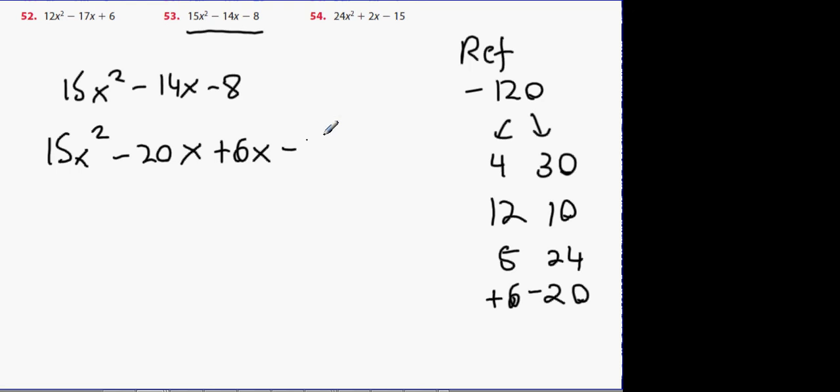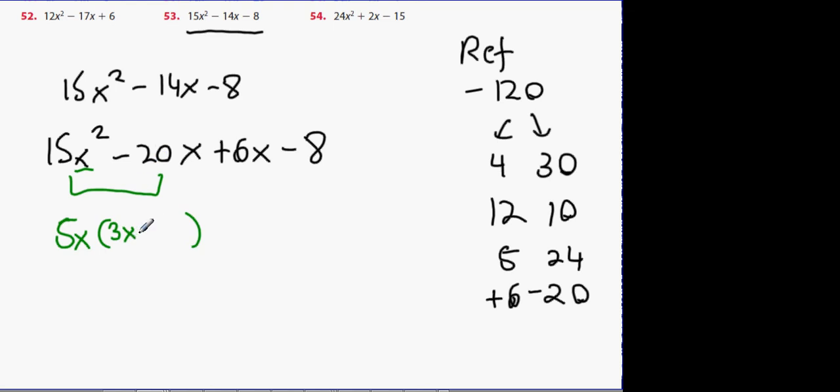Now, Connor, what do we take out of the first two? 5 and what letter? X. 5x. 5x multiplied by what gives you 15x squared? 3x. Joseph. 5x multiplied by what gives you minus 20?